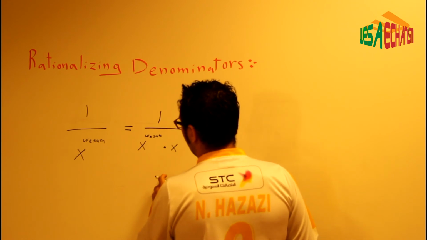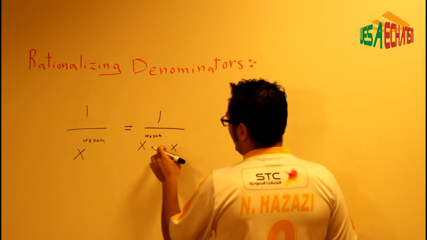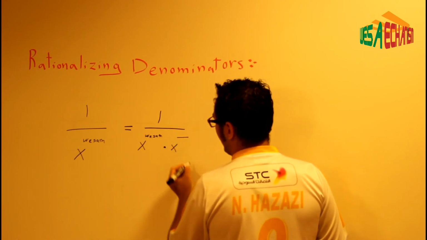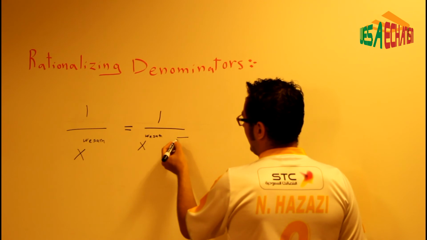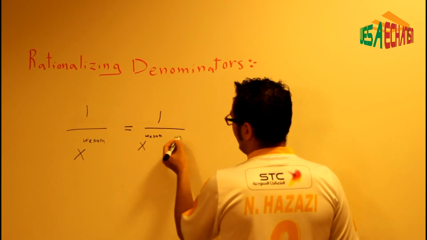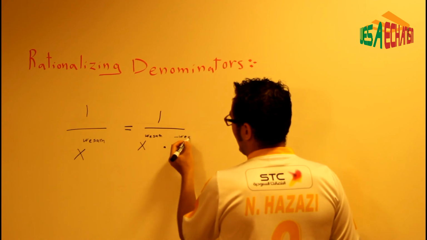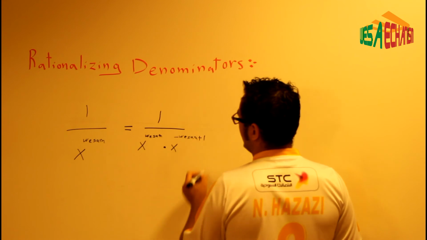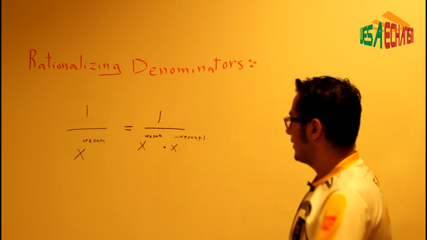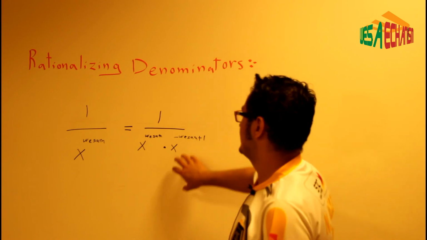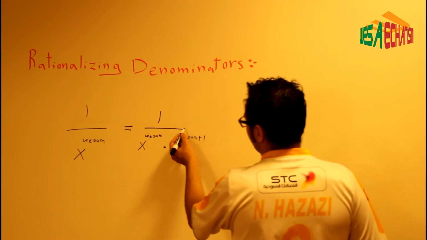So we are going to say x to the power minus Wissam. No, this gives us 0. Minus Wissam plus 1. Okay? Yes, minus Wissam plus 1.